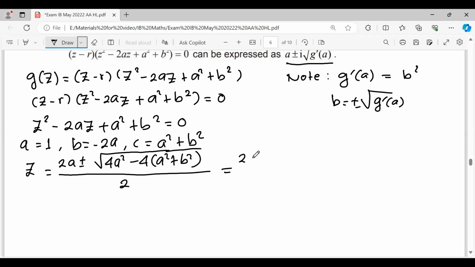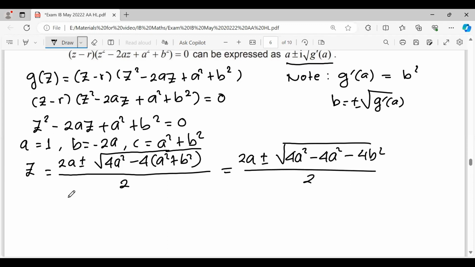It's going to be 2a plus minus the square root of 4a squared minus 4a squared minus 4b squared, over 2.